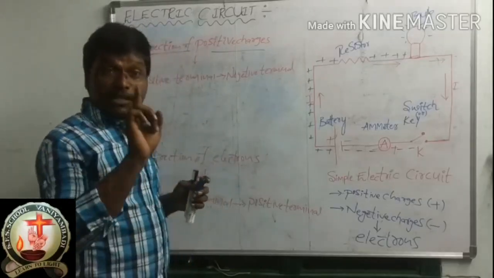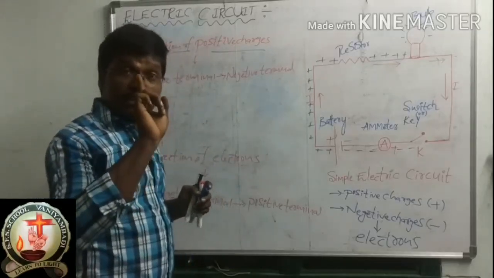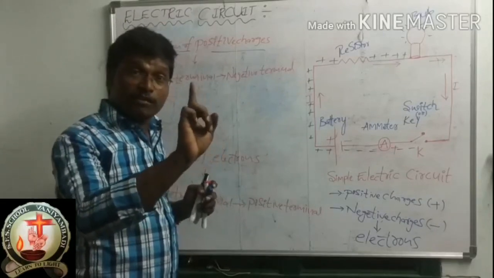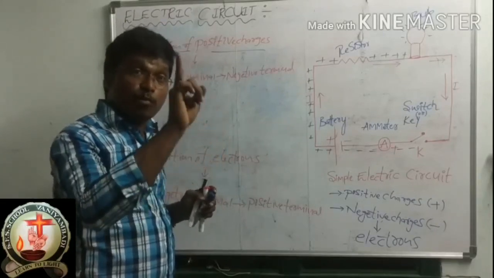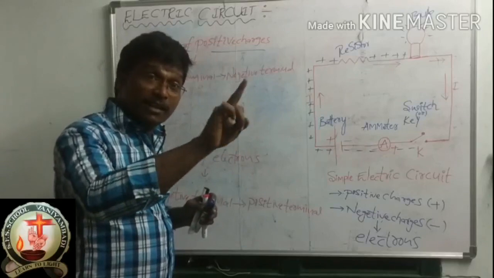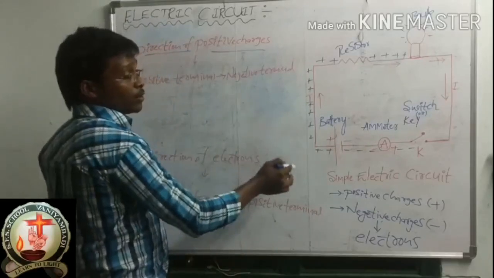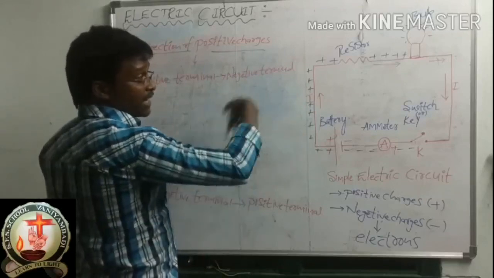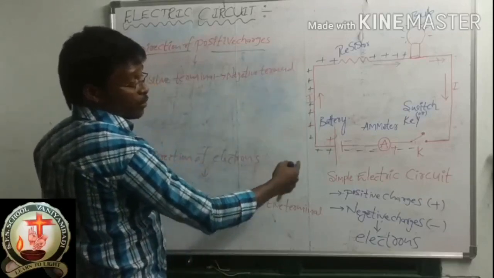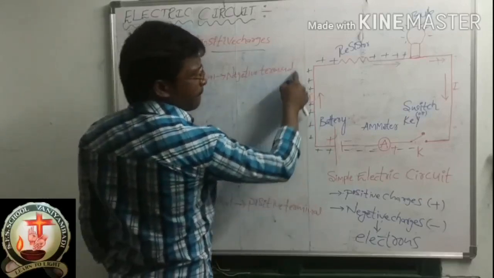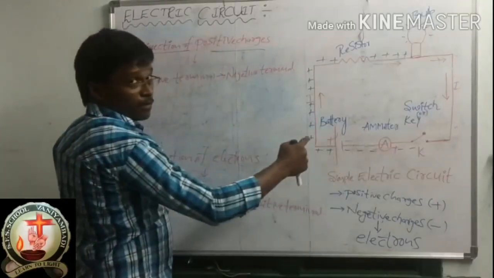Okay, in which direction positive charges are flowing, which direction positive charges are moving, that is the direction of the current. So in this electrical circuit, what is the direction of the current? Which direction are the positive charges moving?